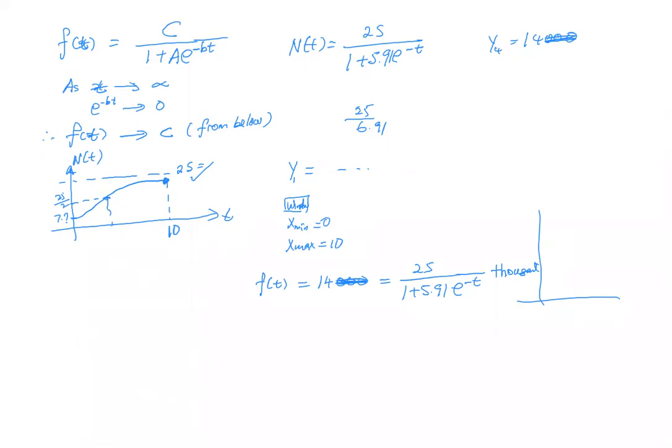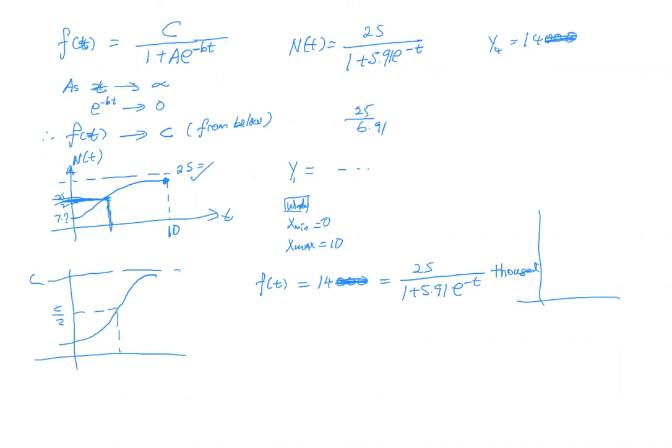Do you record this one down in your notes? I know the population is C over 2. This is your C. This is your C over 2. I want to know this.